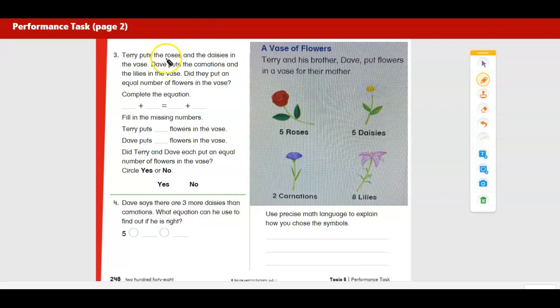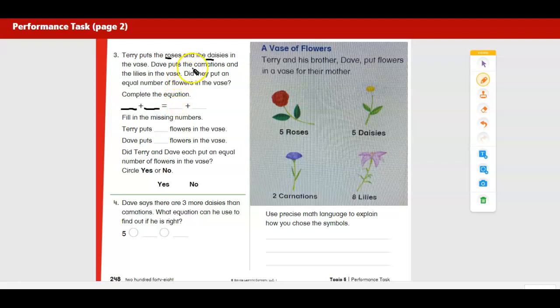First, look at the roses and daisies that Terry put. So look on your chart for the roses and the daisies and write the number in the first 2 blanks. So write the number of roses and the number of daisies.